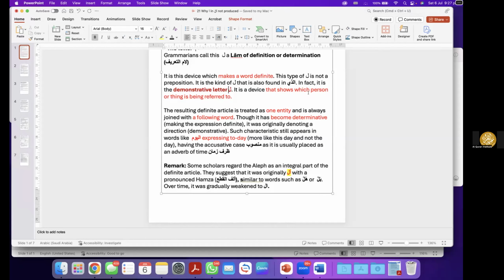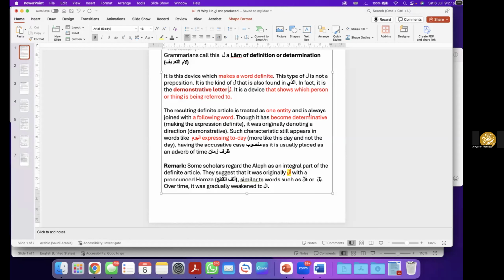Okay, it is a device that shows each person or thing being referred to. The resulting definite article is treated as one entity and is always joined to the following word.